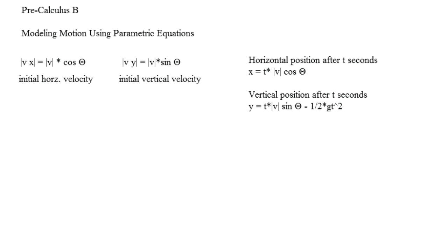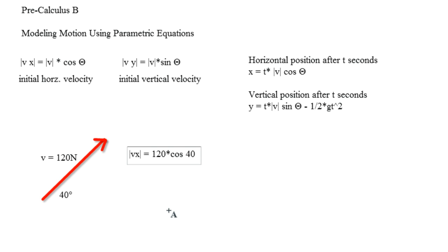So let's take a look at it in an example problem. All right, so we already know the magnitude of vector v. It's going to be 120 newtons. Okay, so if we wanted to actually find out what the initial horizontal velocity would be, it would be 120 times cosine of 40 degrees. Okay.